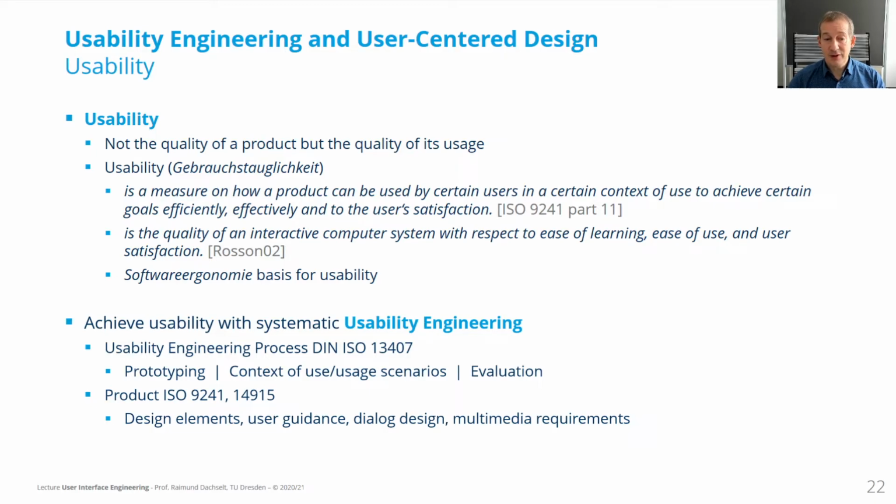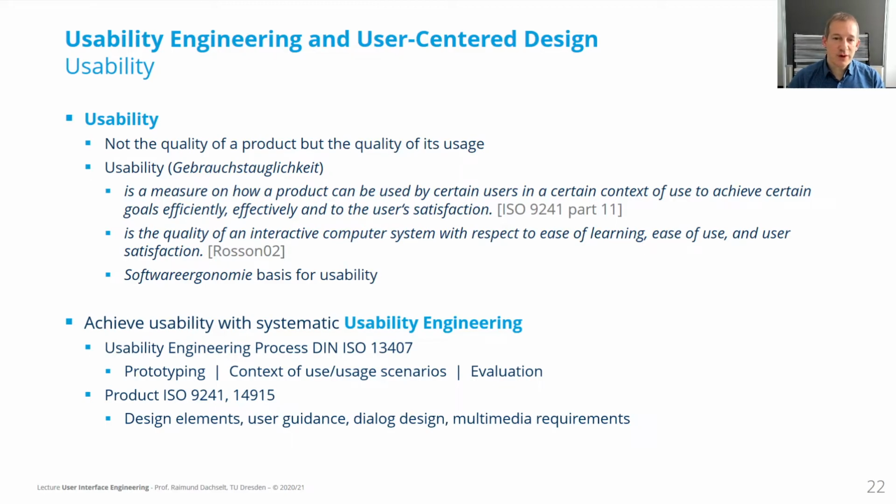And so the product itself is defined in this ISO 9241 standard. So the quality of the product, the usability engineering, what it should arrive at, and so the design elements, the user guidance, how to design dialogues, how to fulfill multimedia requirements, all that is described in the ISO process.